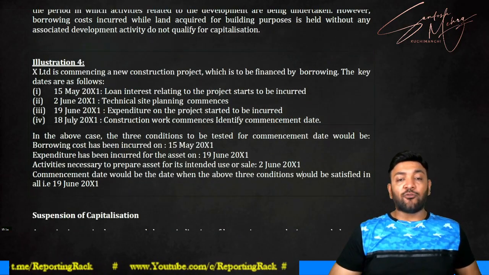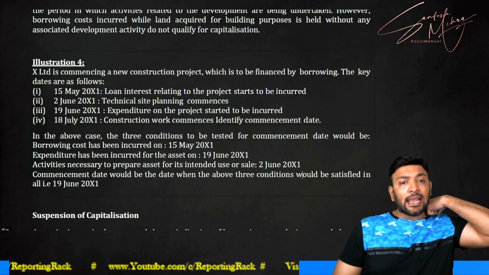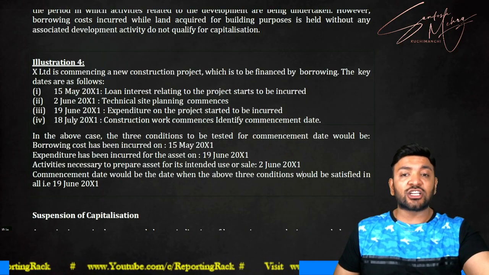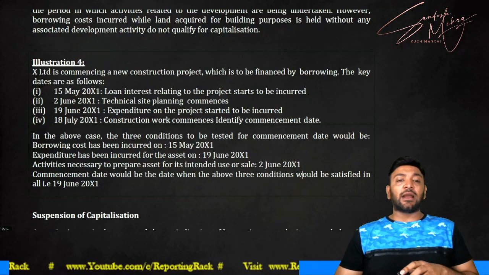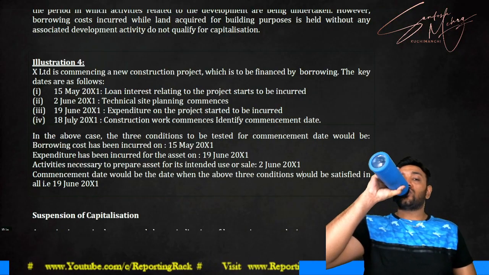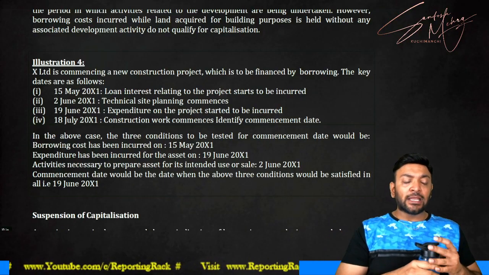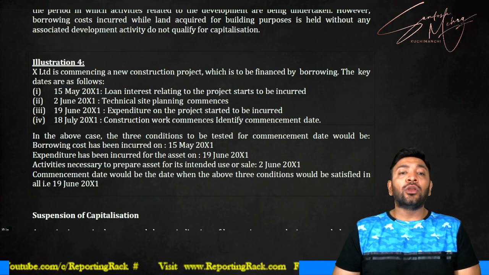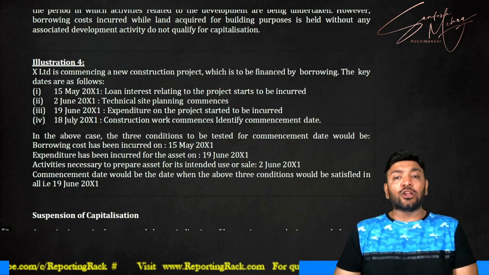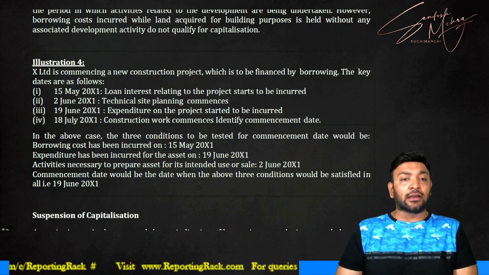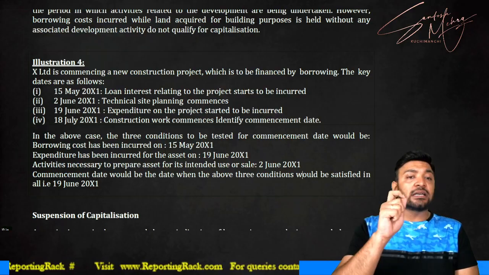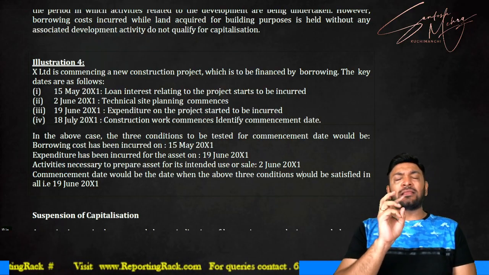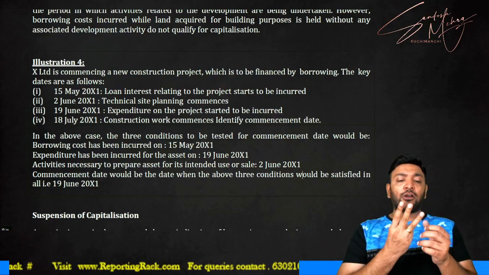Look at illustration number 4. X is commencing a new construction project which is financed by a borrowing. Key dates are as follows. 15th May, the loan interest related to the project starts to be incurred. Borrowing cost is incurred on 15 May. What are the 3 conditions for commencement of borrowing cost?